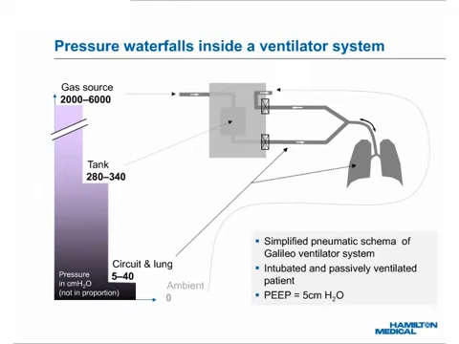The lung pressure, equivalent to alveolar pressure, is also between 5 and 40 centimeter of water. 5. The ambient pressure is 0 centimeter of water. For a ventilator system to carry out its intended function, it is essential for it to have and to maintain its designed pressure ranges.